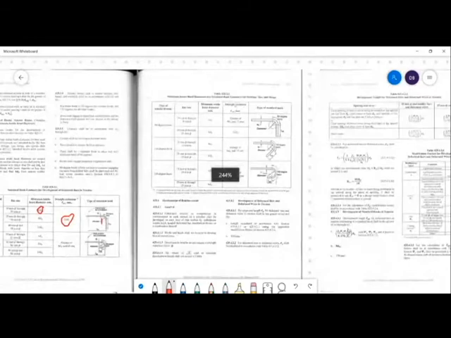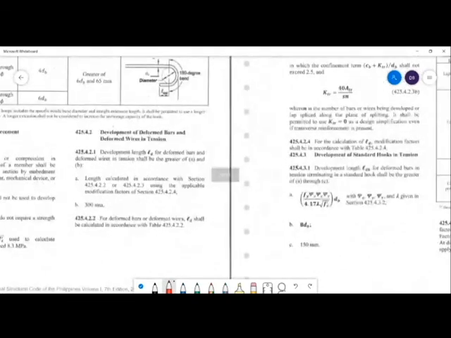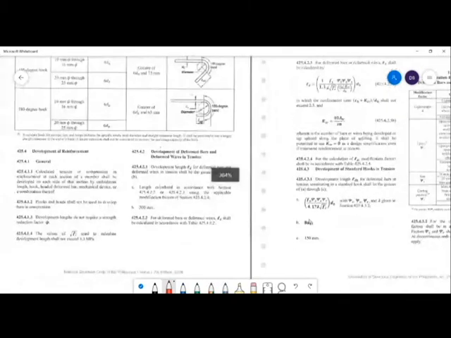For tension bars with hook, the development length from 425.4.3.1: development length ldh for deformed bars in tension terminating in a standard hook shall be the greater of A through C. So Fy over 4.17 lambda square root of f'c, psi sub e, psi sub c, and psi sub r.